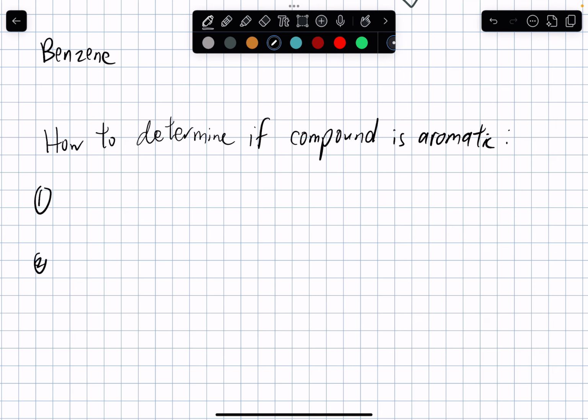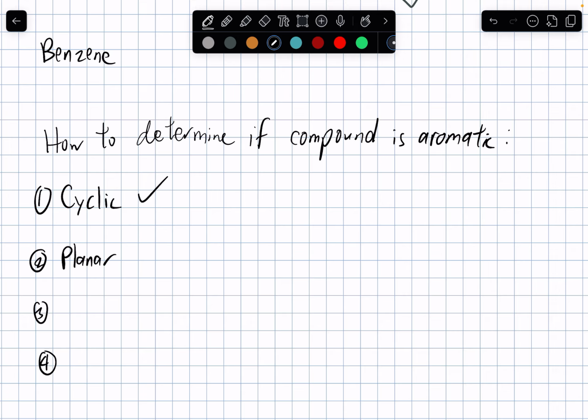There are 4 requirements. If a compound doesn't have at least one of these requirements, then it is not aromatic. Okay? So the first is that it is cyclic. So any cyclo, no? So it has to be cyclic. It has to be planar. Basically, all the atoms lie in the same plane. In another way of saying it, it cannot be puckered. It cannot have a chair conformation.